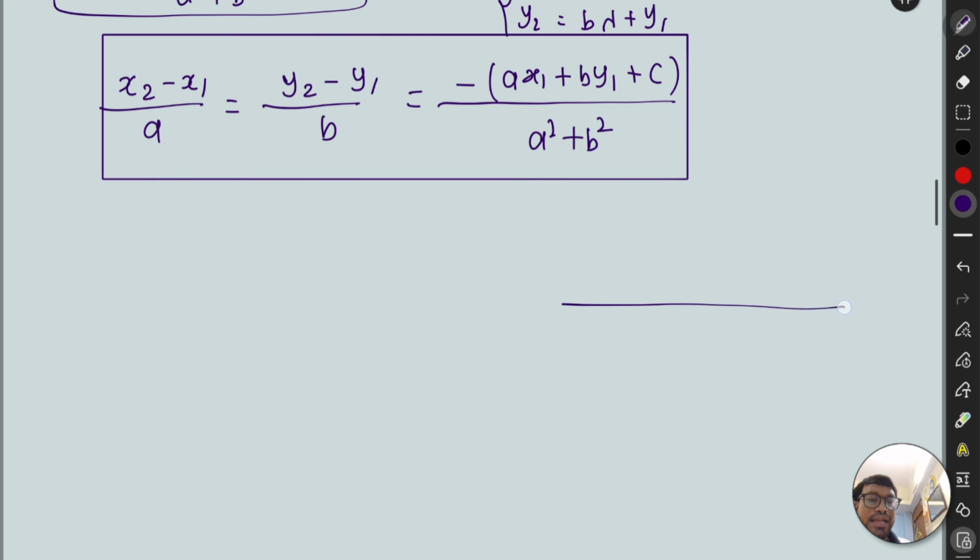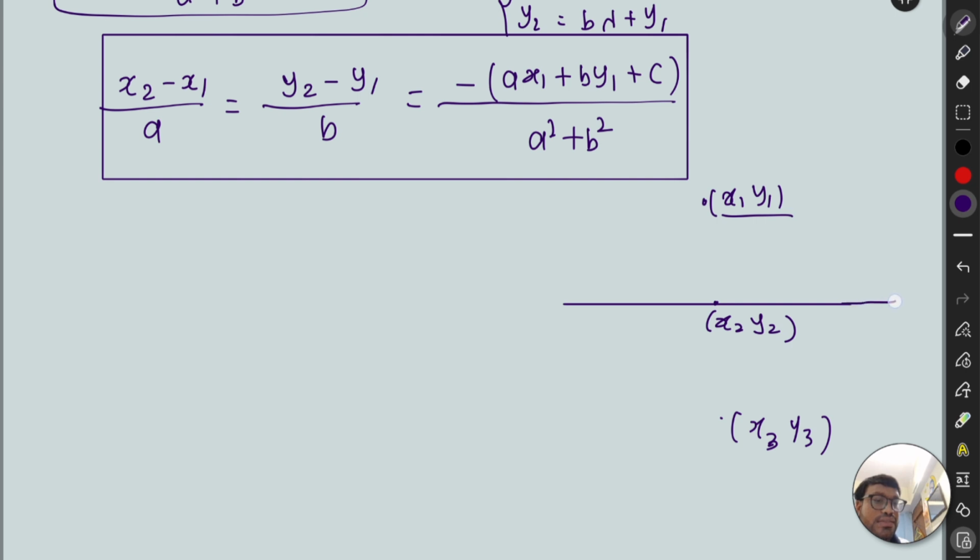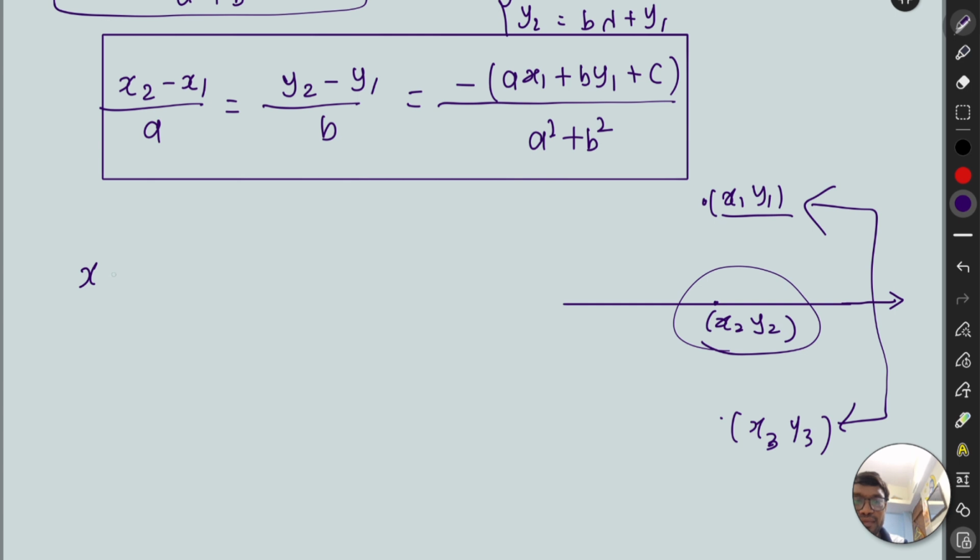See, on the line, this is the foot of perpendicular x2, y2. This is our point x1, y1, and there is another point x3, y3, which is the image of x1, y1 with respect to the line L. So we can say x2, y2 will be the midpoint of x1, y1 and x3, y3. So x1 plus x3 by 2 will be x2, and y1 plus y3 by 2 will be y2.